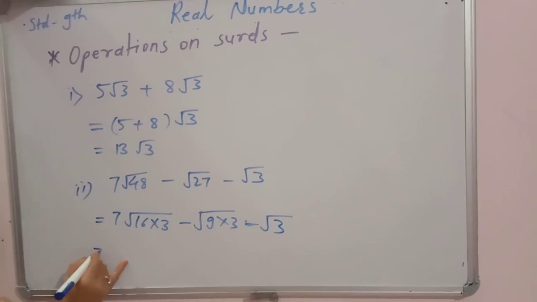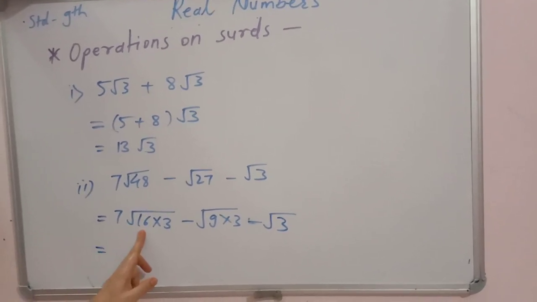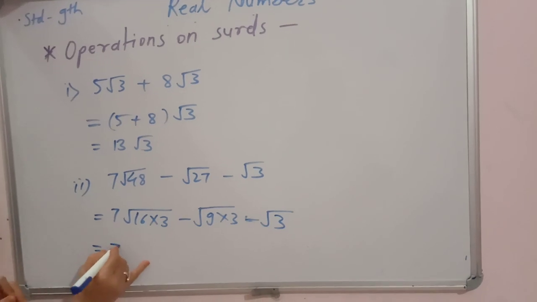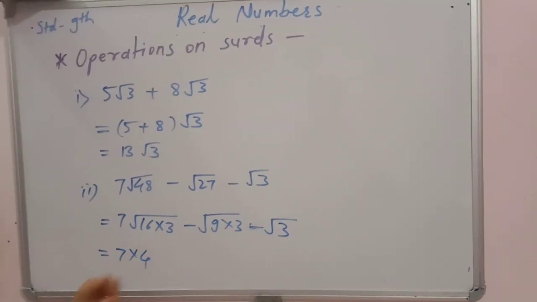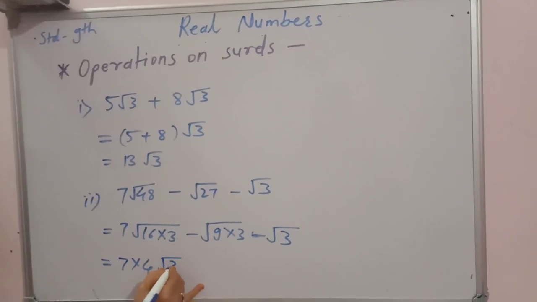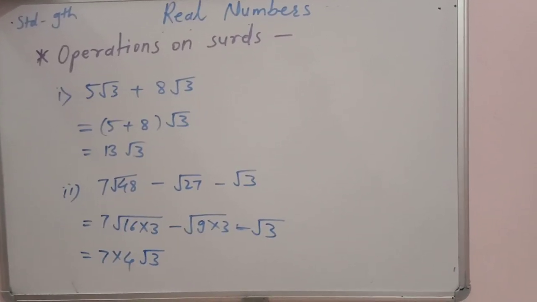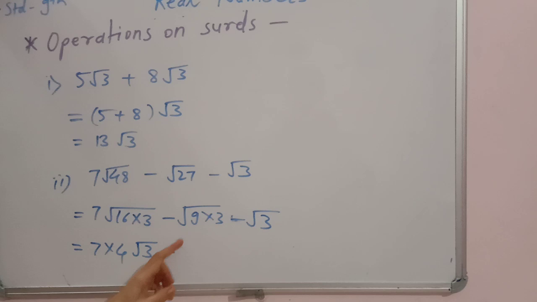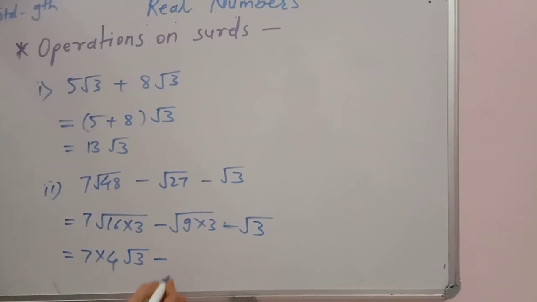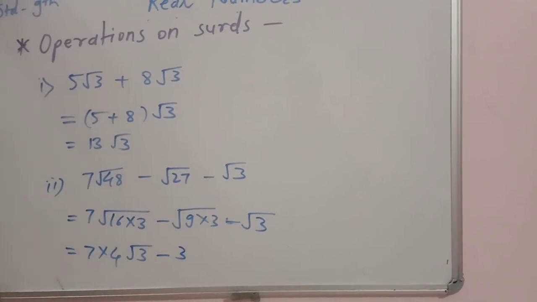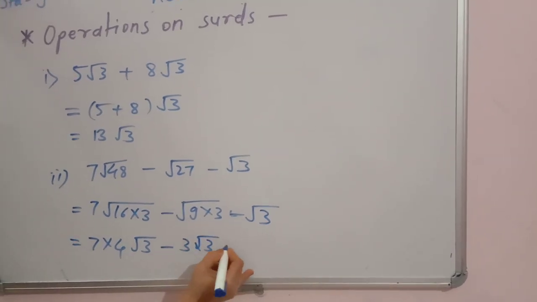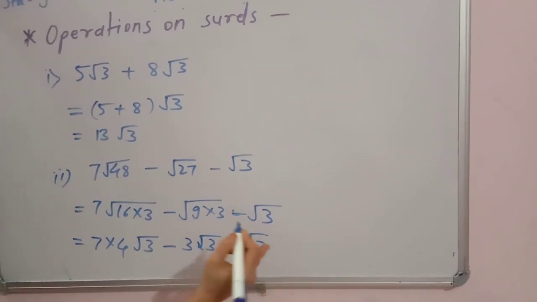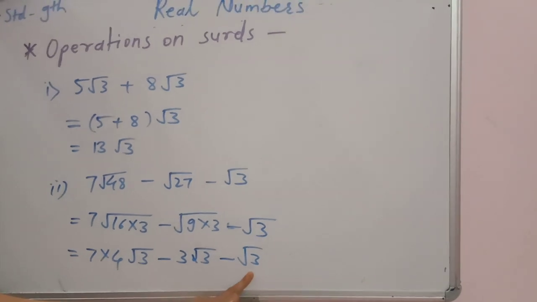Again, while writing root 16, you can write it as 4, and under the radical sign there is only 3. Then again, minus root 9 you can write as 3, and under the radical sign again there is 3. And here it is already root 3.